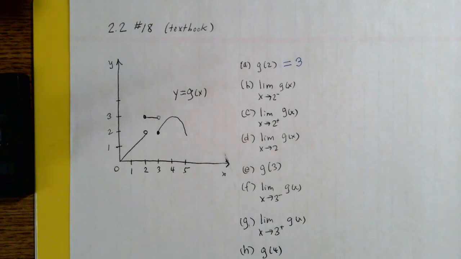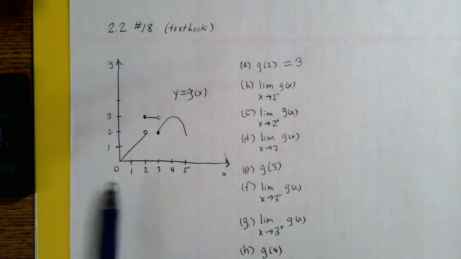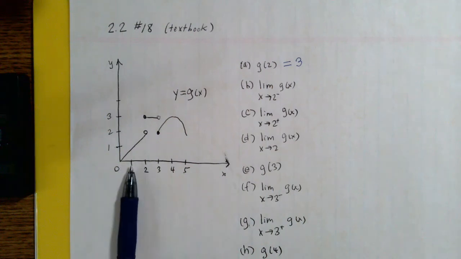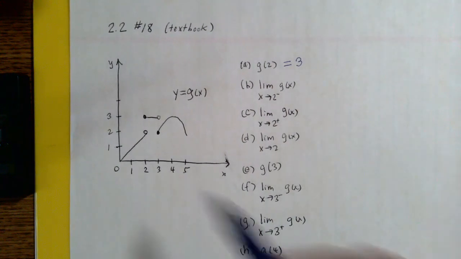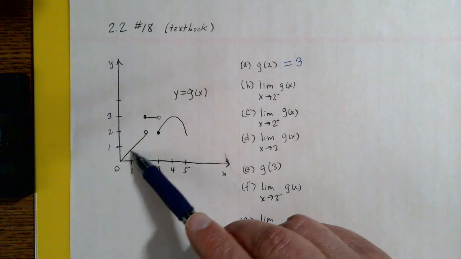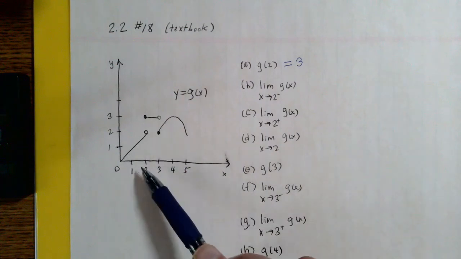The next one says the limit as x approaches 2 from the left of g of x. So that superscript with a negative sign indicates that we're talking about an approach from the left, or numbers that are slightly less than 2. So think about approaching 2 from the left, and what's happening to the graph of g as we make that approach.